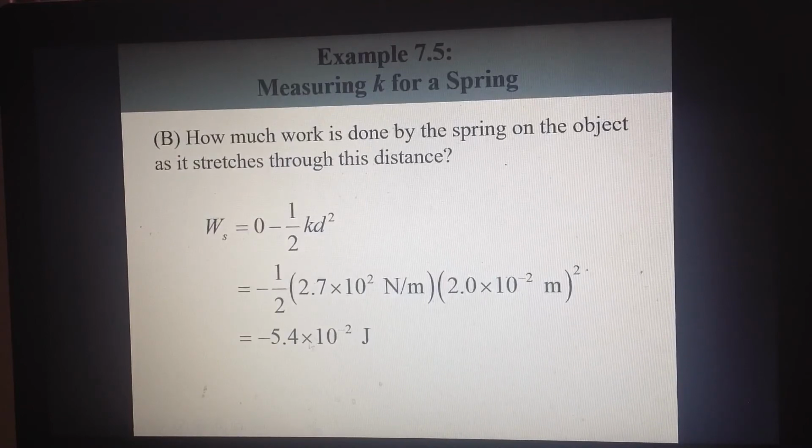If you plug in that value, you get negative 5.4 times 10 to the negative 2. Notice that the energy here is negative. The negative value simply means that you're stretching the spring. When you stretch the spring, the work is negative. When you compress the spring, the work is positive.